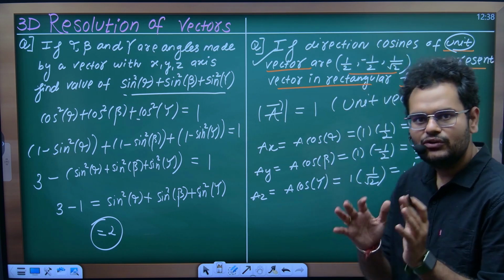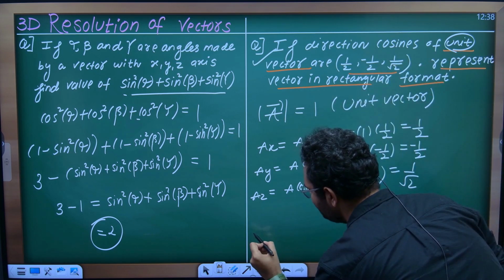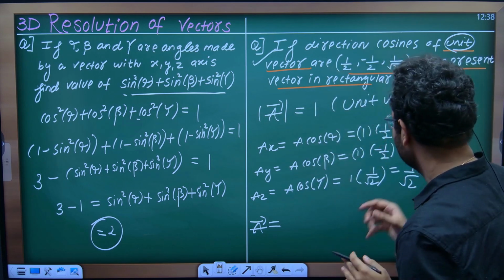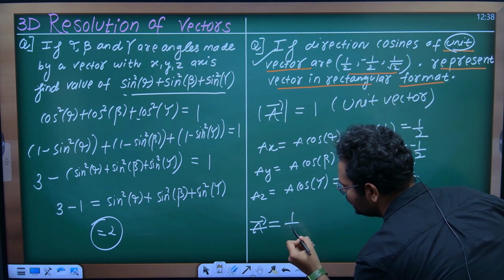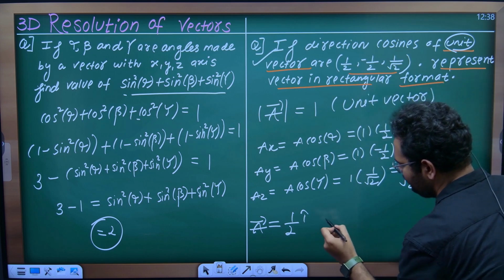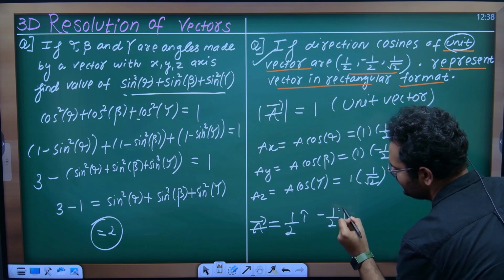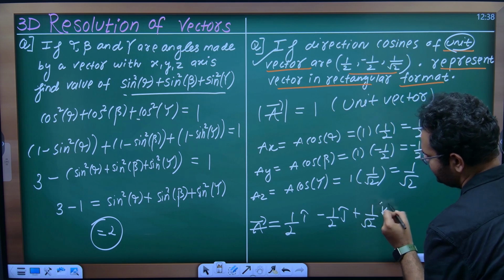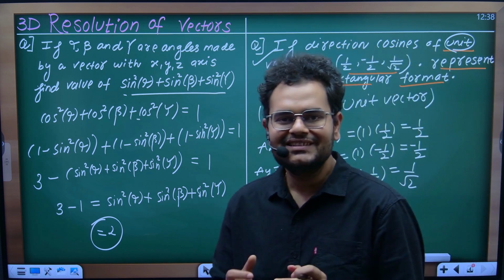So finally I want to find the vector a, right? The vector a is nothing but ax i cap plus ay j cap plus az k cap. So I will write 1 by 2 i cap minus 1 by 2 j cap plus 1 by root 2 k cap. Is it easy or very easy?